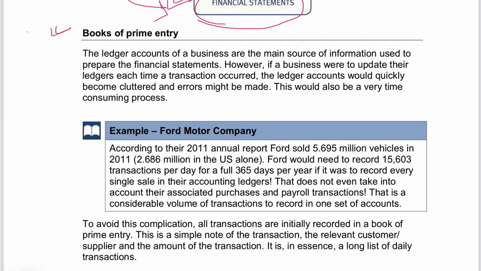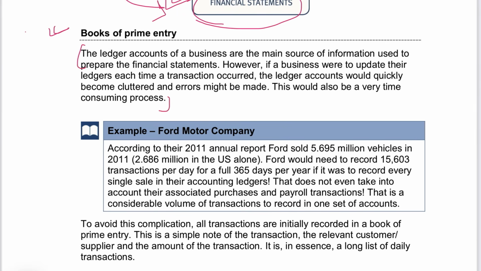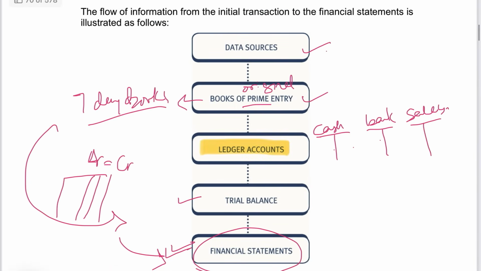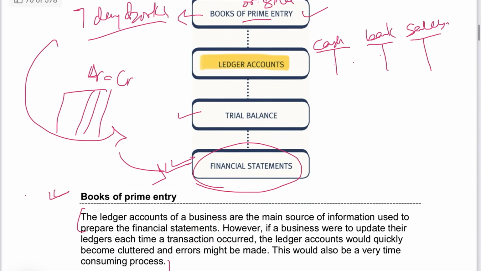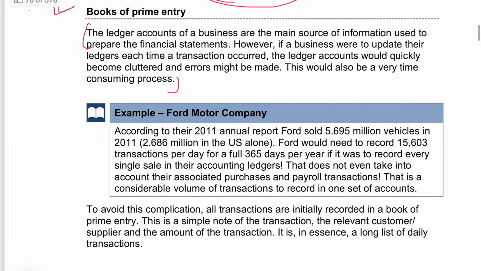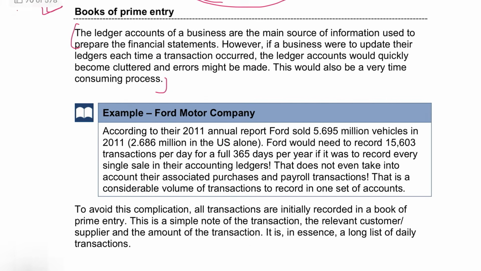This would also be a very time consuming process. So the ledger accounts are the main source of a business's information, right? They are the main source of any business's financial statements, right?